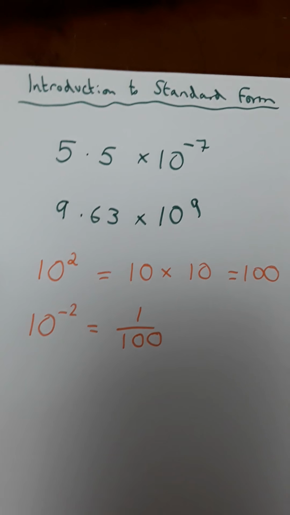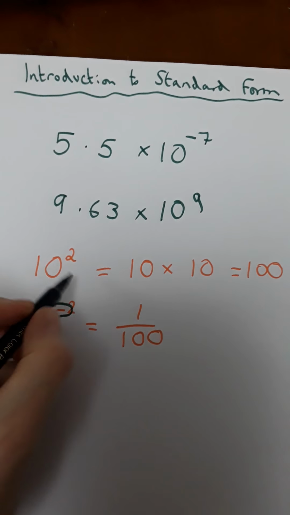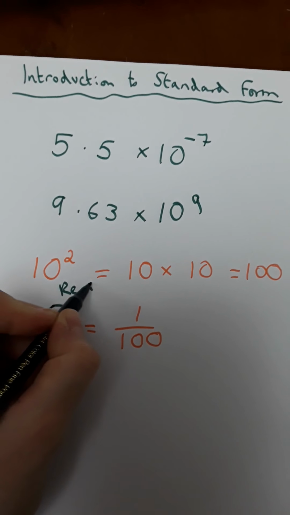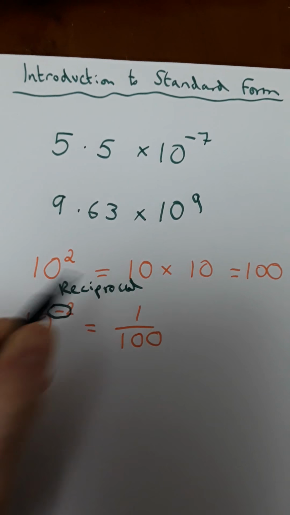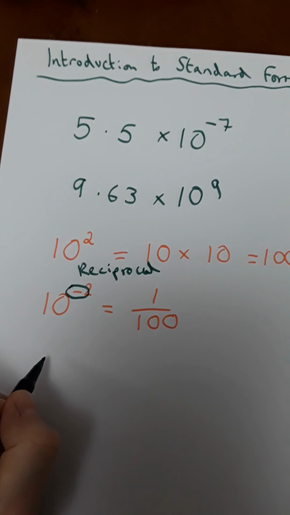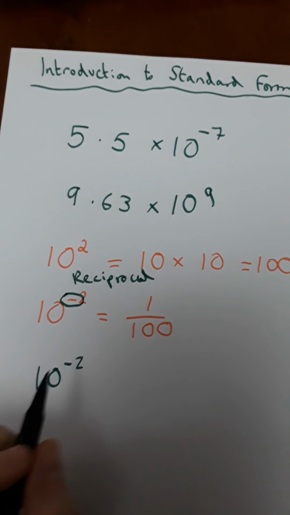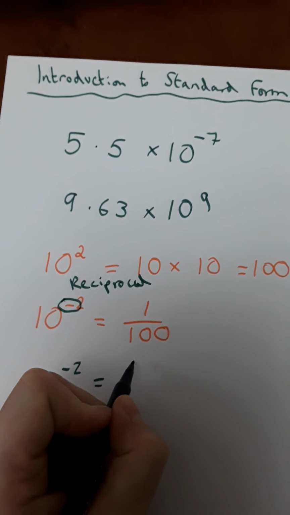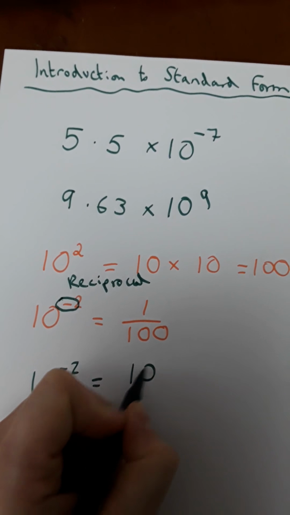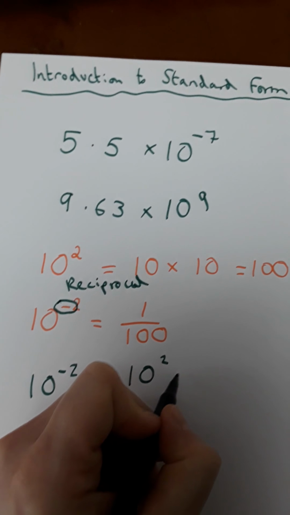When you see a negative sign on an index, that means it's the reciprocal or the opposite of it, and I'm going to show you why now. If you have 10 to the negative 2, that means that you have 10 squared flipped upside down.